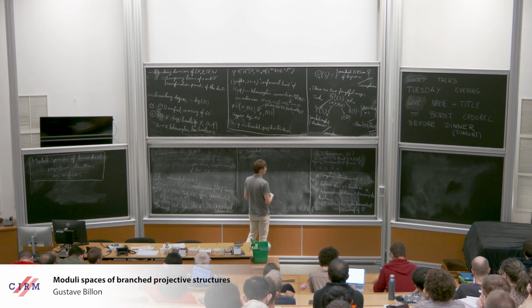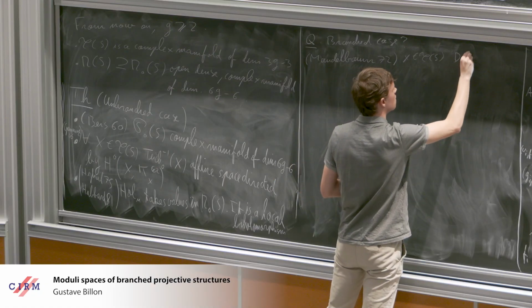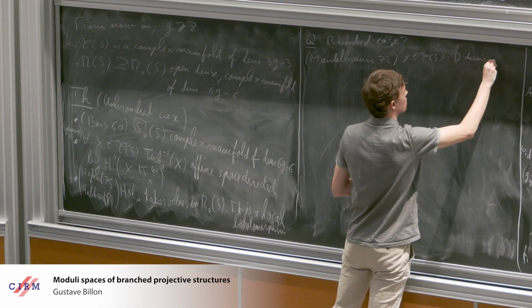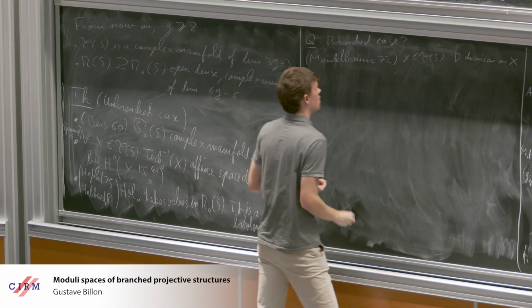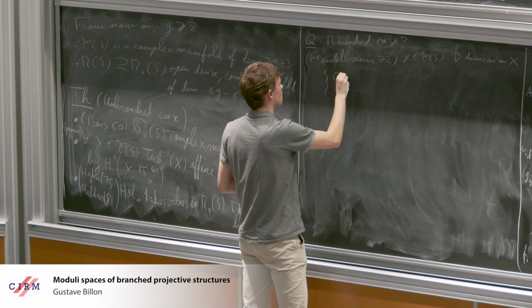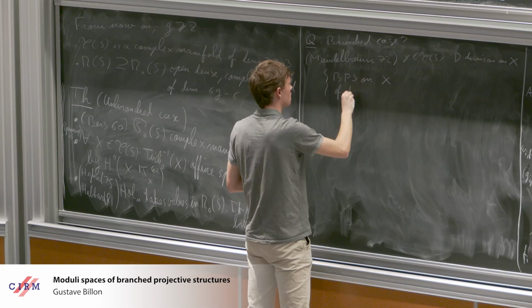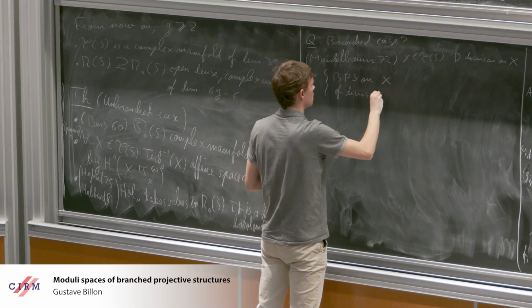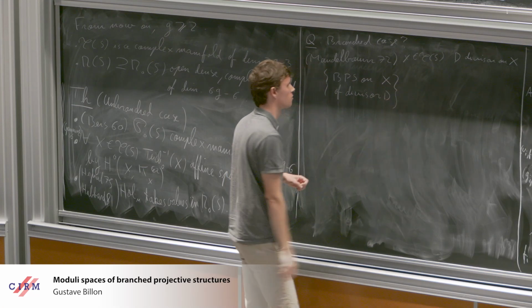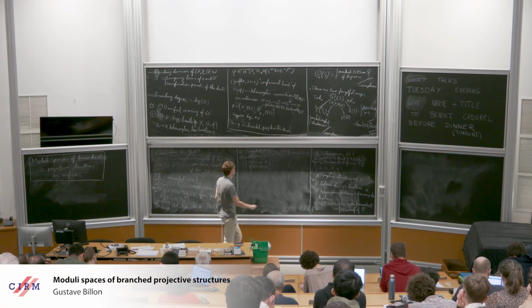And what he found is that if I fix a complex structure X and D a divisor on X, then the set of branched projective structures on X of divisor D is an analytic space.